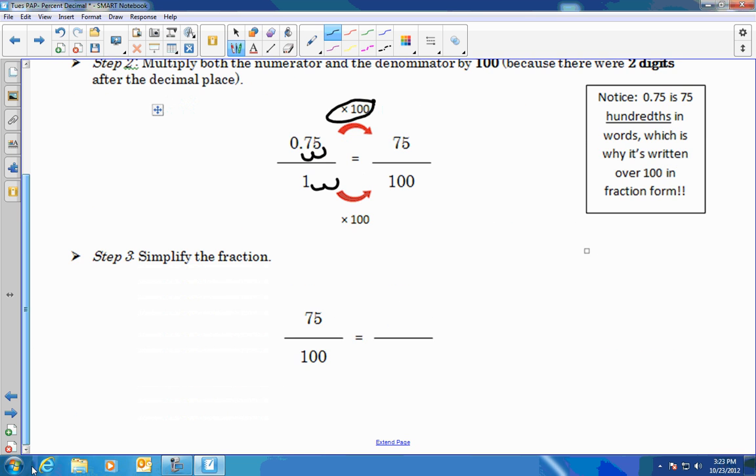The third step is to simplify, or sometimes we say reduce, the fraction. So you're looking for what do both the top and the bottom divide by. That gives us 3/4. And you want to make sure that it's divided completely so that there is nothing else that they have in common.